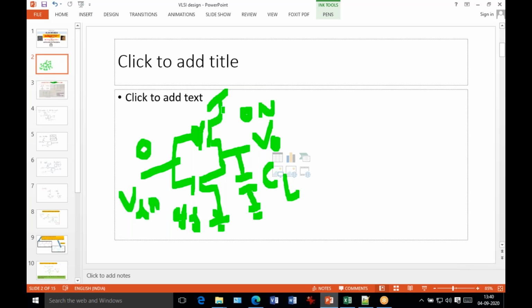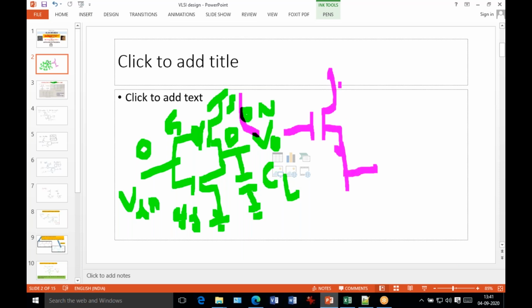In this case, this is the gate, this is the source, and this is the drain. Here is a very interesting feature. This connection is stabilized here, from VDD to the output, where you take the output.